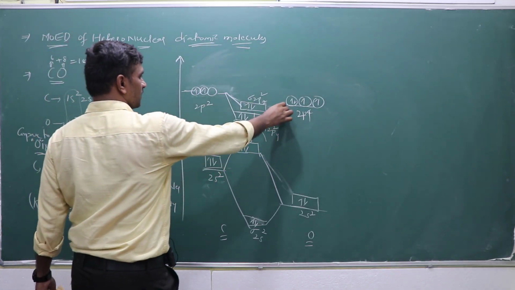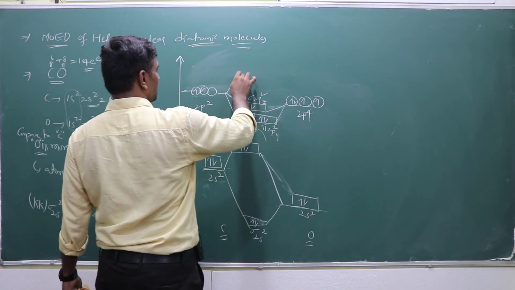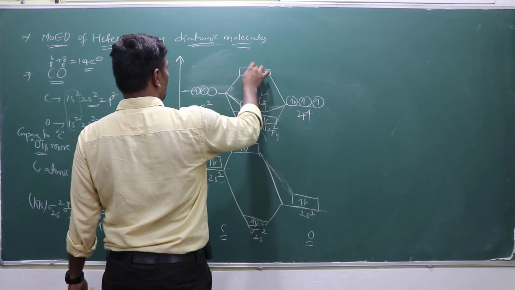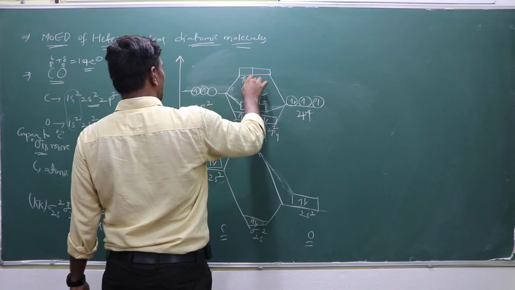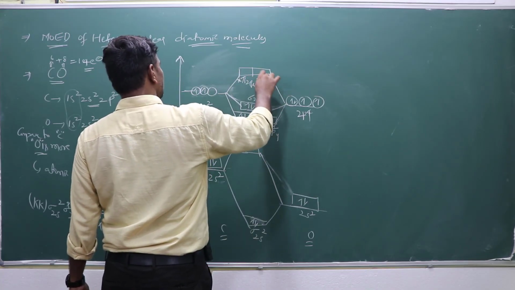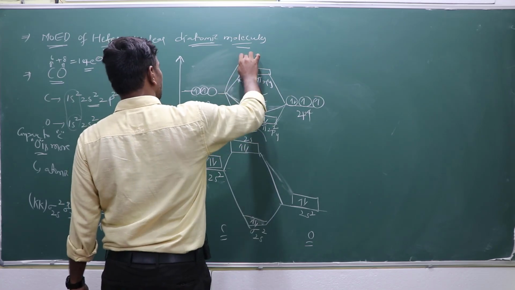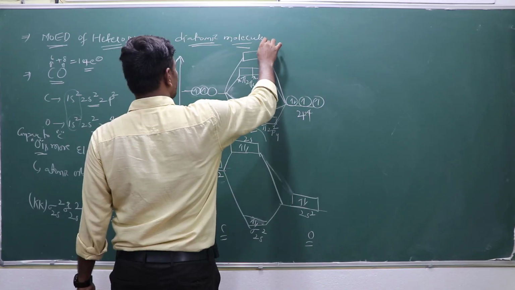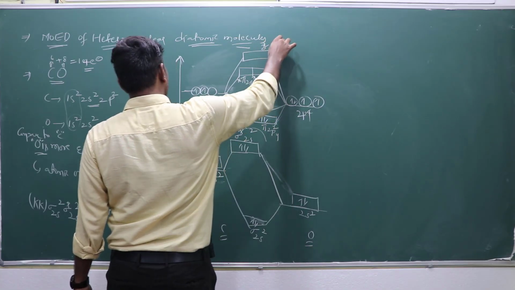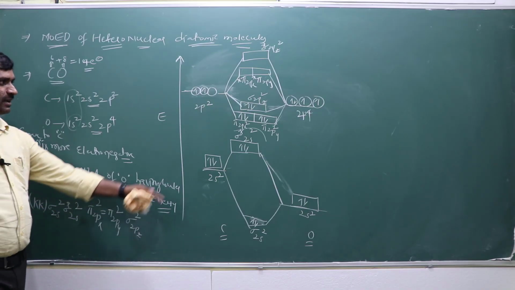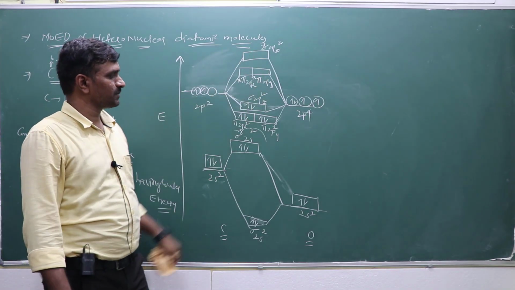Next, another one, which level is there? Pi star 2px, pi star 2py. Next, which level is there? Sigma star 2pz2. So bonding is only filled. This is empty.